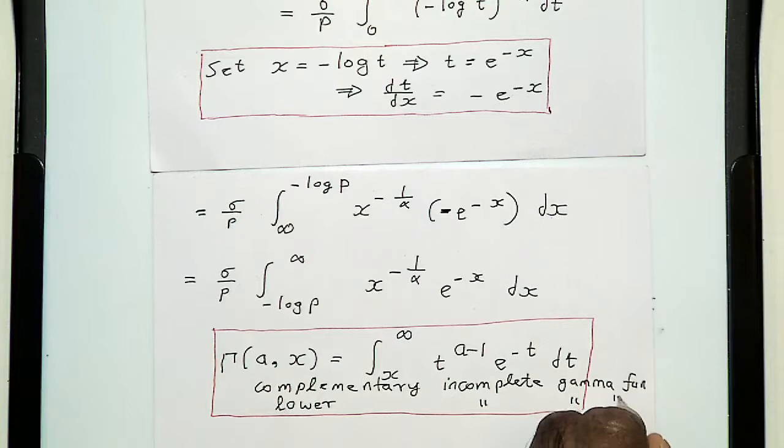Some people call it the upper. So the name doesn't matter. What matters is being able to use the definition that I gave you. All right, okay? The name of the function really doesn't matter, right?